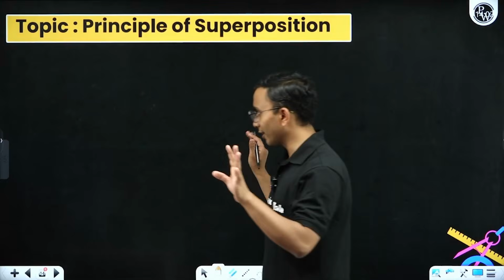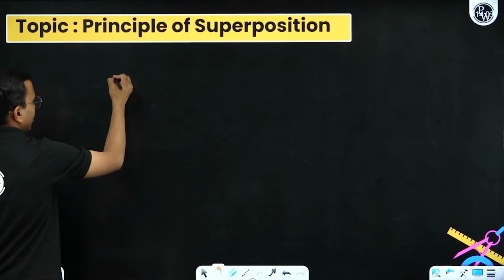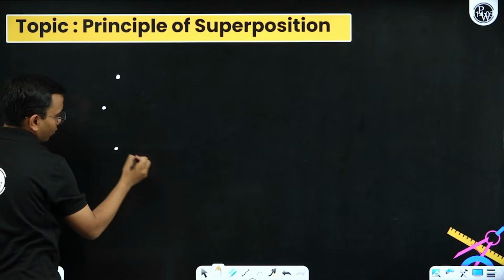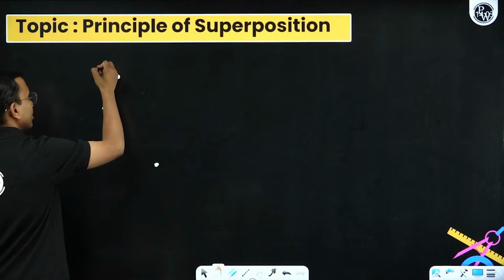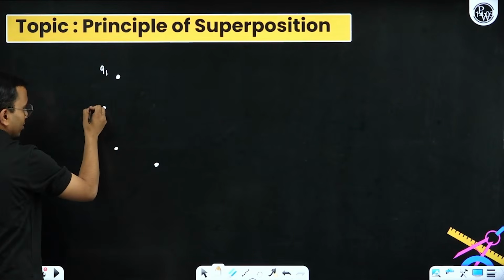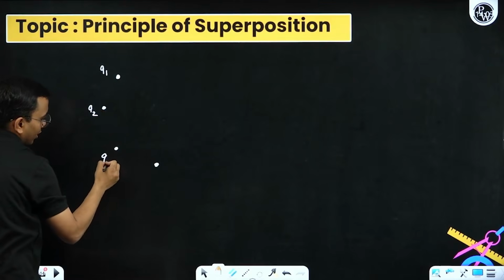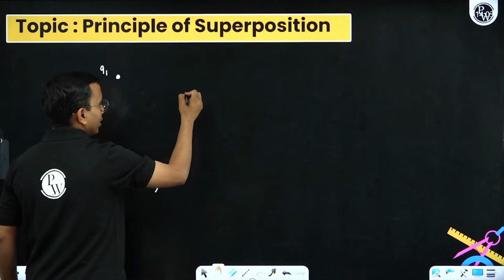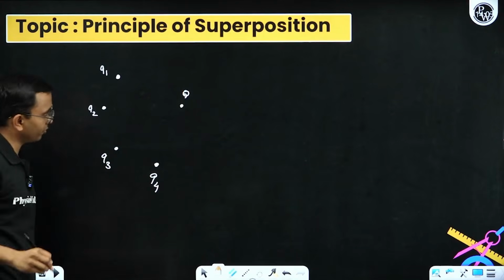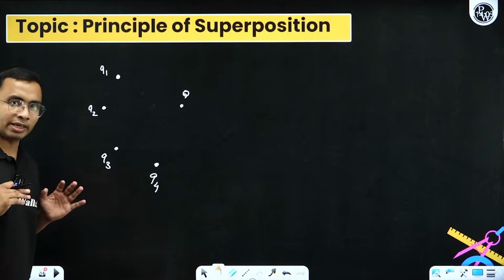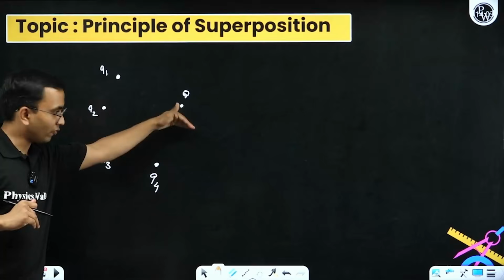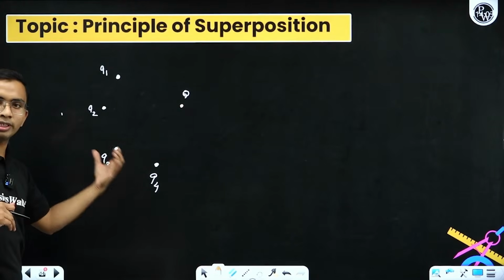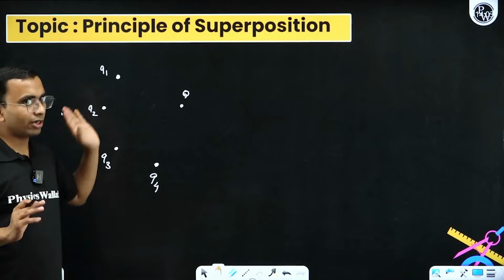Let us take multiple charges here: this is q1, this is q2, this is q3, this is q4, and there is another charge q here on which you have to find the force. One by one you find all the forces, due to q1 first, then due to q2, then due to q3, due to q4, and take the resultant of that.